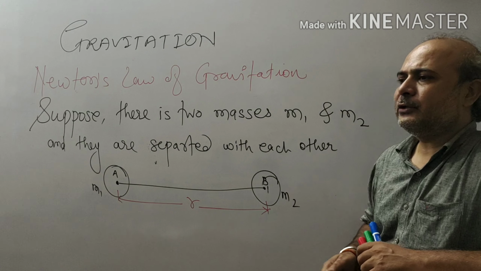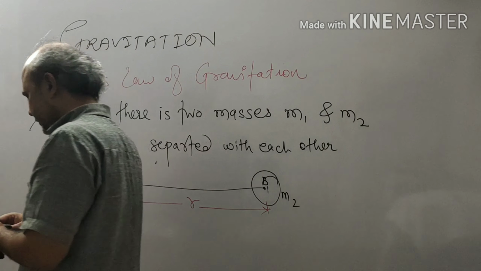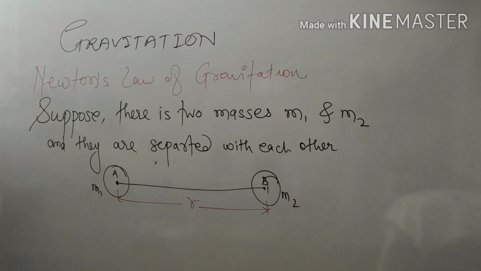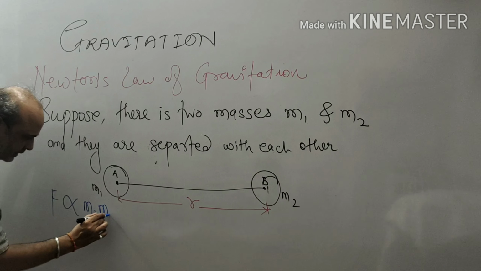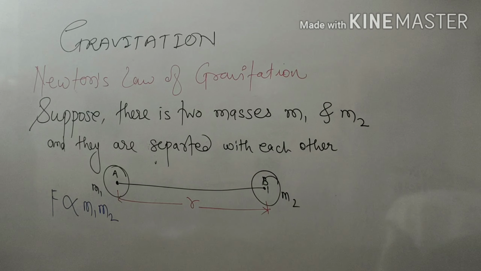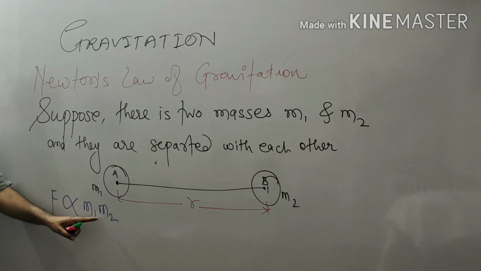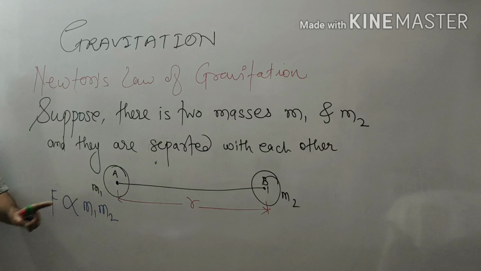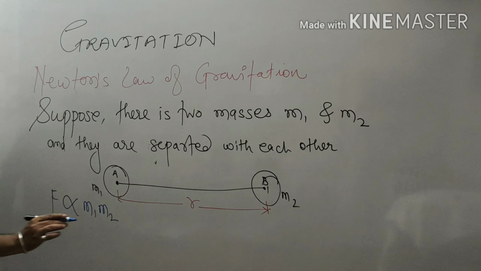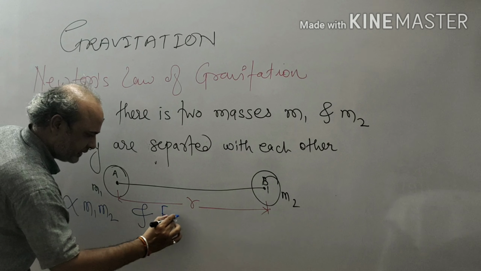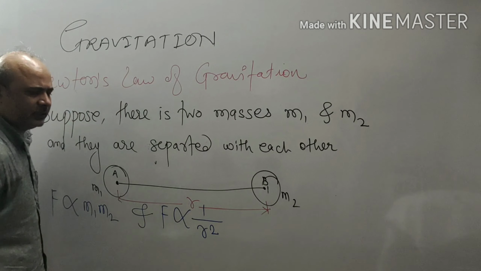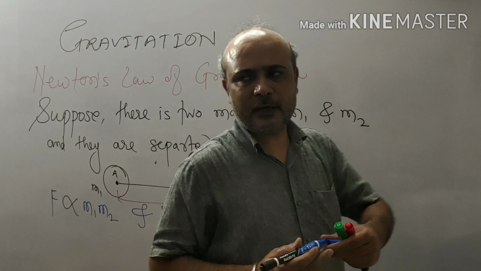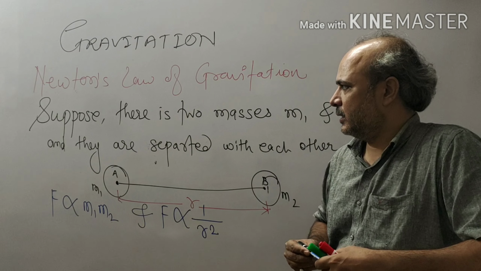Now, according to Newton's law of gravitation, you will write that force is directly proportional to the product of their masses M1 and M2, and this force is inversely proportional to the square of the distance between them, that is 1 upon r square.